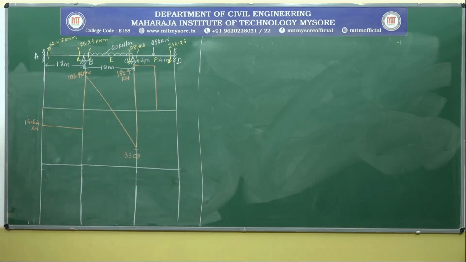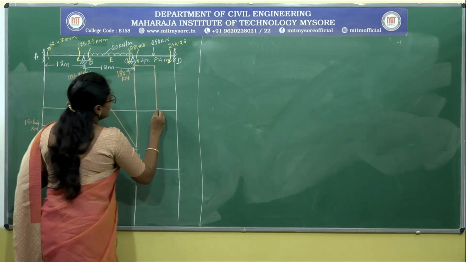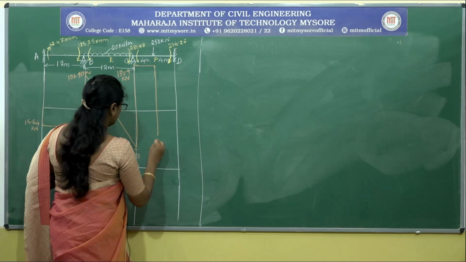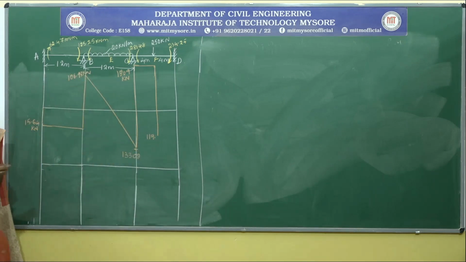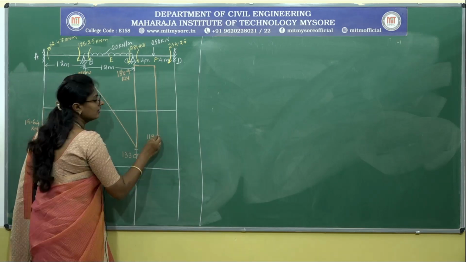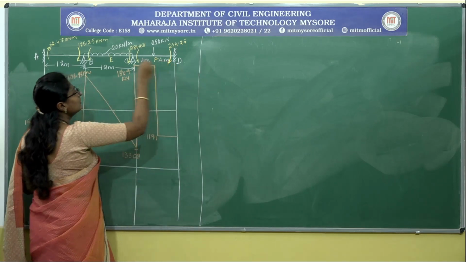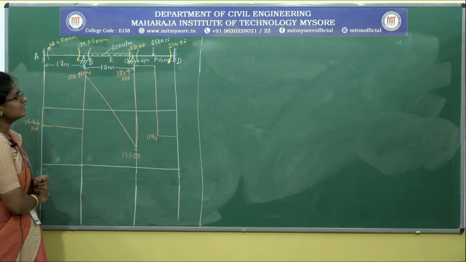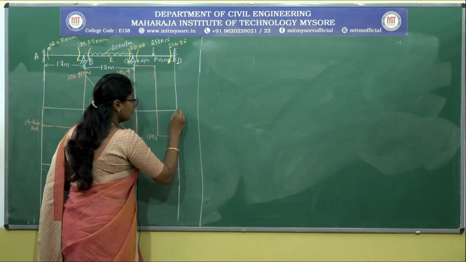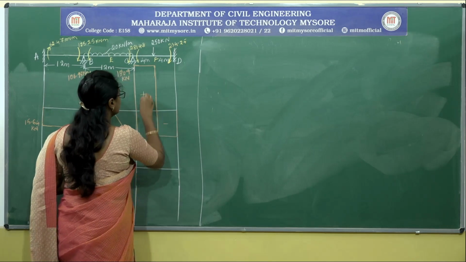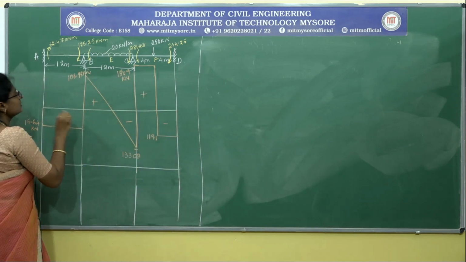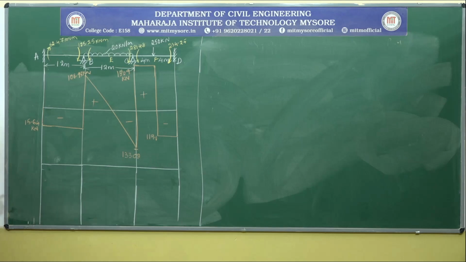So 130.9 minus 250, since it is acting downwards, the SFD here is 119.1. So reaction at DC, RDC is equal to 119.1, thereby it becomes 0. It's minus, plus, minus, plus, minus.